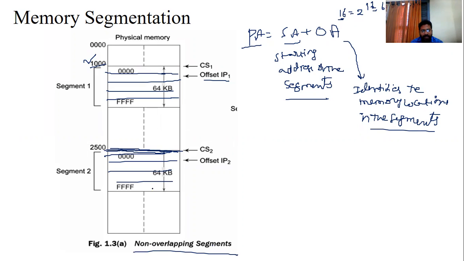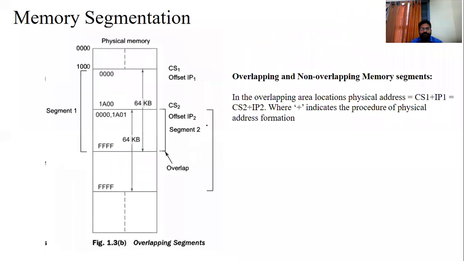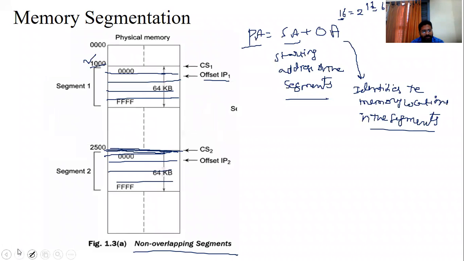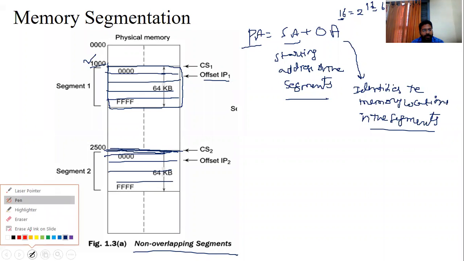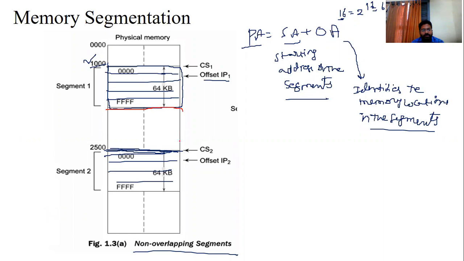There is another case also, that is overlapping. What does overlapping mean here? How is this memory segment formed? This is one segment. After completion of this segment, a second segment starts. This is another segment.